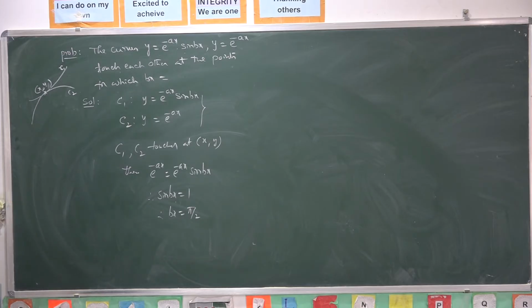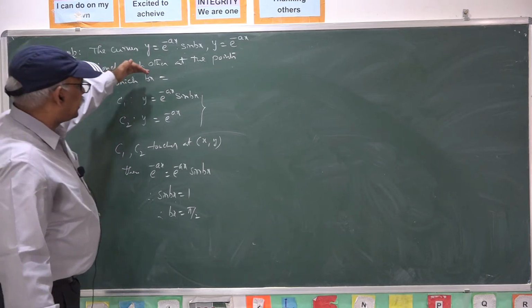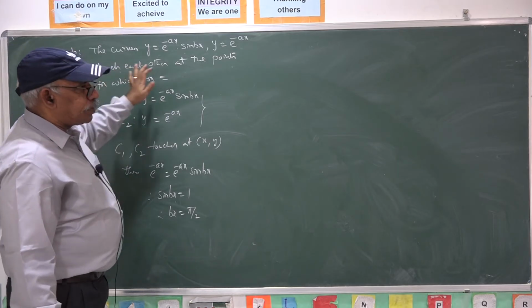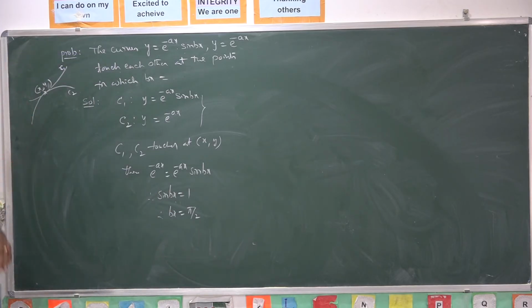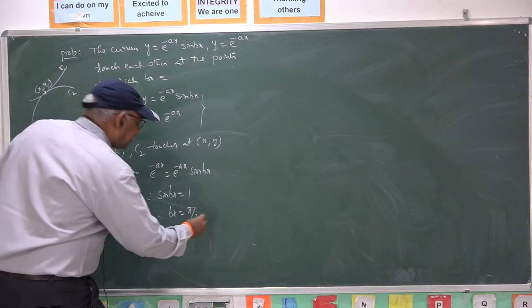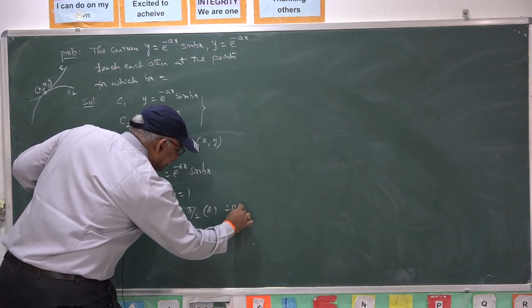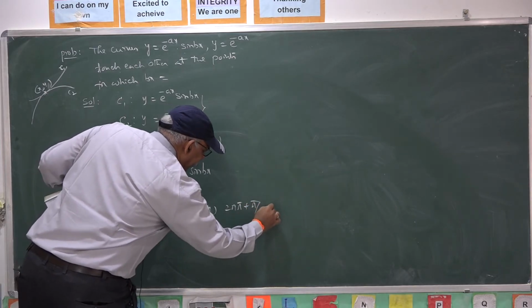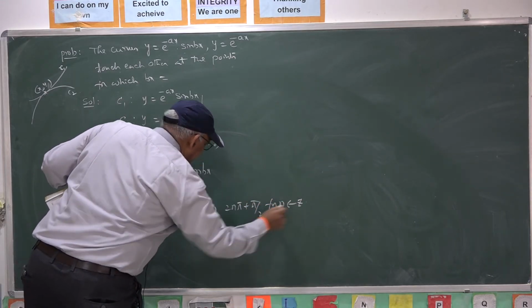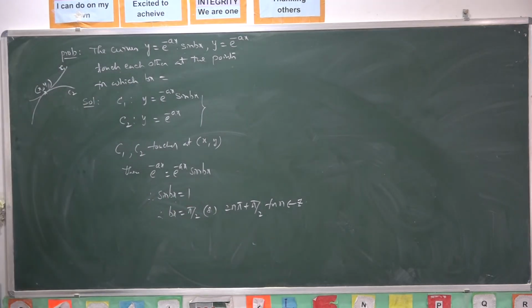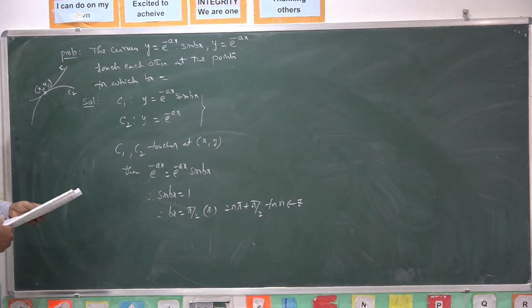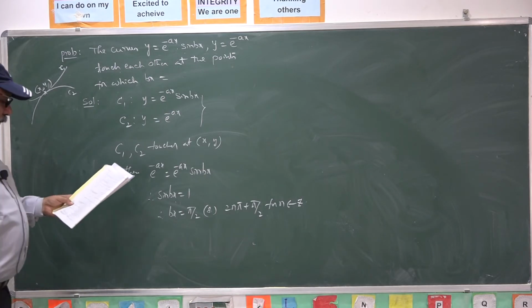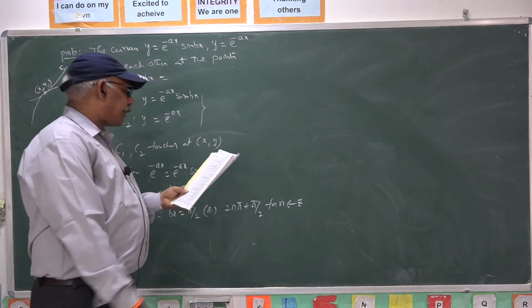So once the two curves touch at a particular point, they touch each other at the points for which bx is pi by 2, or 2n pi plus pi by 2, where n is an integer, the generalized solution. So these are all the points where the two curves touch each other. A simple logical question. You need not go through the derivatives and all the things here.